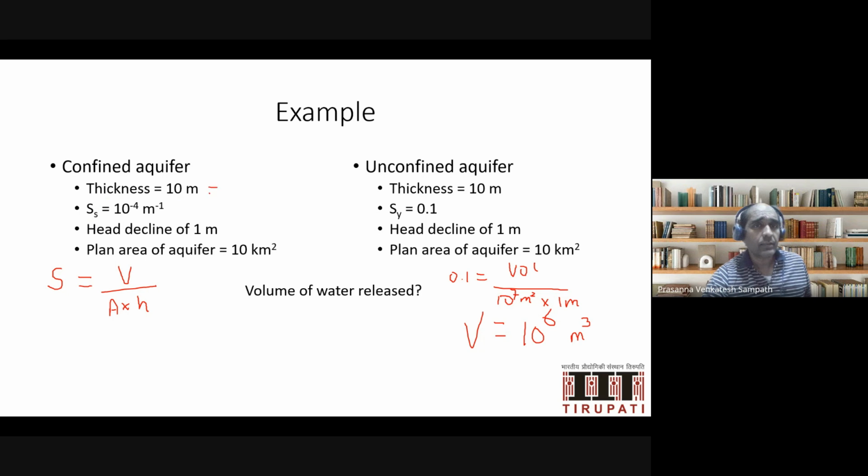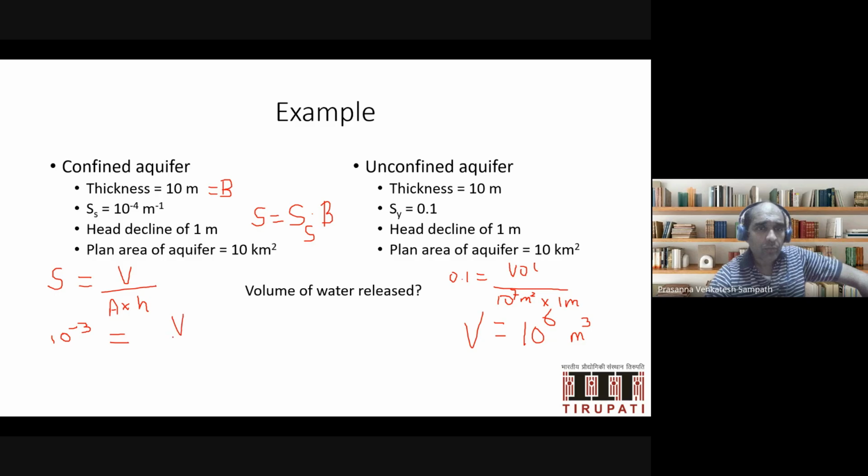This thickness is nothing but the capital B. And we define S as the storage coefficient, or the storativity, as specific storage SS multiplied by B. I'm sorry about this, my mouse pointer is not behaving. Okay, so SS is 10 power minus 4 multiplied by 10. So that's 10 power minus 3.